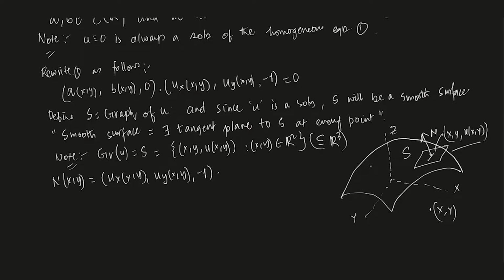At this point there is a tangent plane, and the normal is given by u_x at the point (x, y), u_y at the point (x, y), and minus 1. This we already know from basic calculus courses, right?